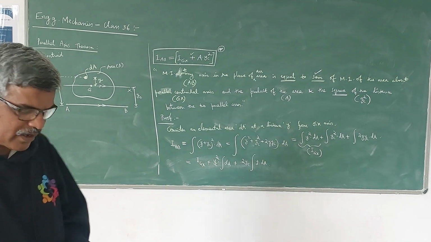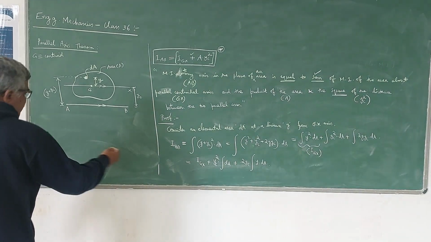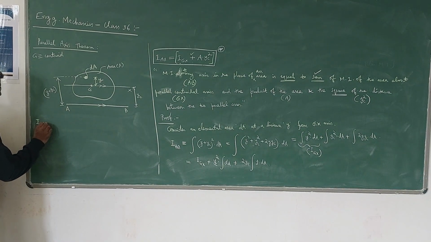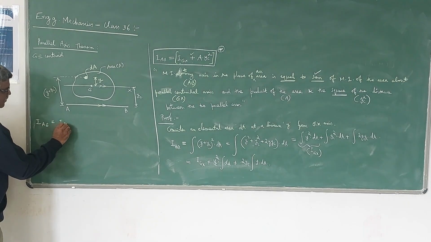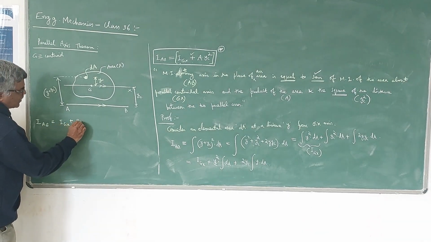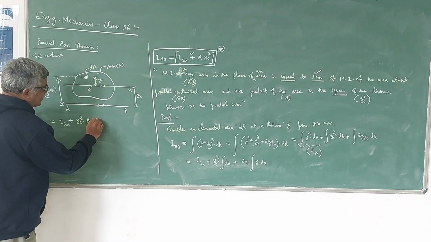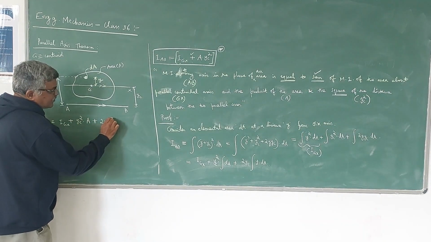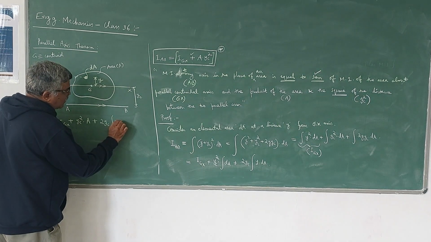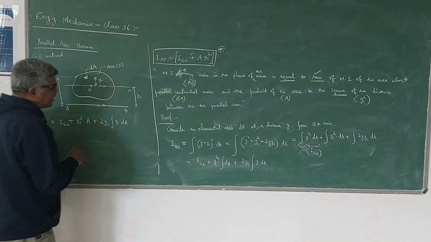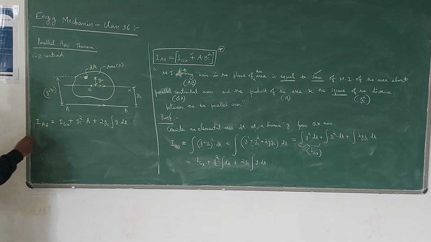So now I_AB is equal to IGX plus yc squared into integral dA, which is A itself, plus 2 yc into integral y dA. Now let me see what this integral y dA is.